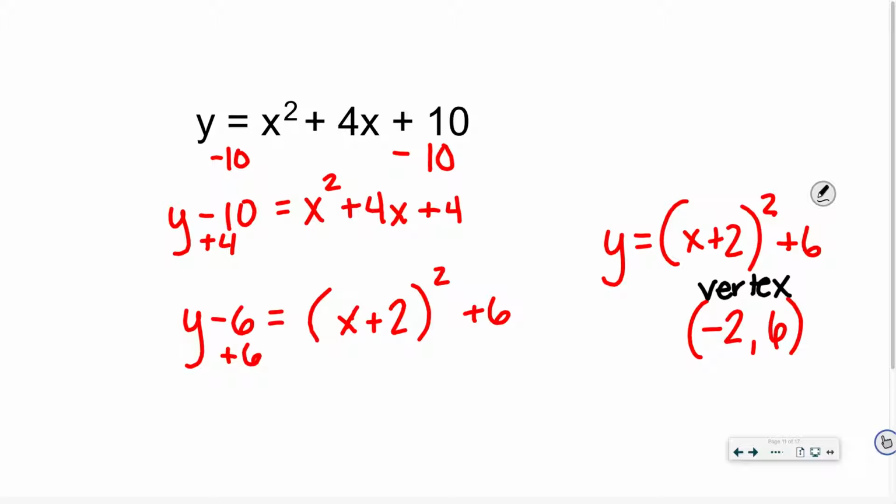Is there any level of this that we need to go back and address? Do we see how we're taking that trinomial and we're rewriting it in vertex form?